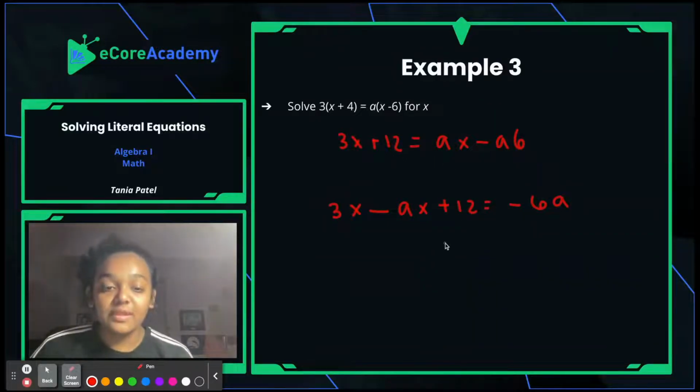So now we know that the last step to actually have all the x values on the left side is just to make sure that we subtract 12 from both sides. And when we do that, we know that it's going to be 3x minus ax equals negative 6a minus 12.